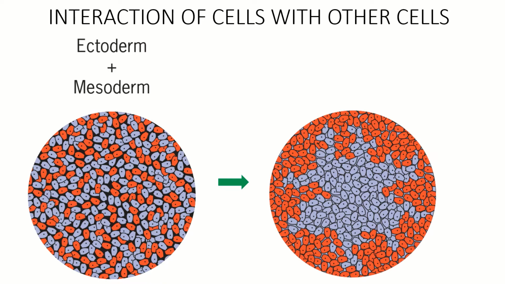So it's as if the cells know where they are supposed to be and with whom they are supposed to be. Mesoderm cells stay with mesoderm cells in the middle, and ectoderm cells stay with ectoderm cells on the periphery.